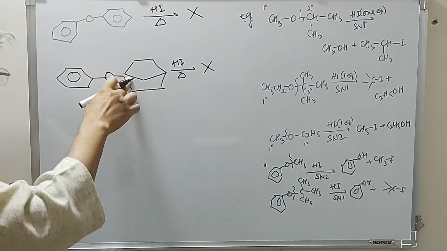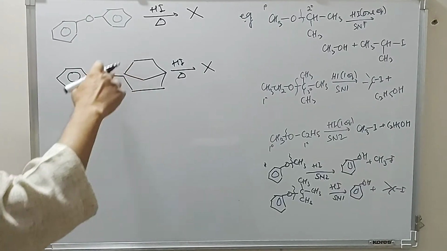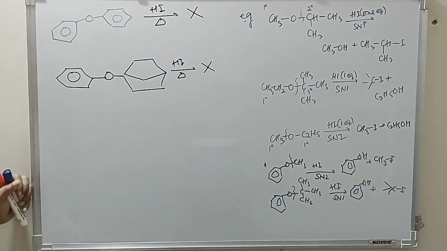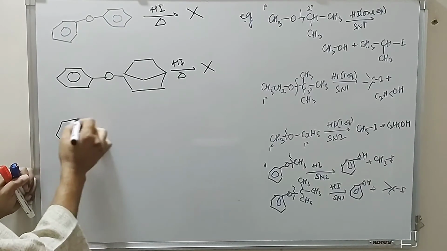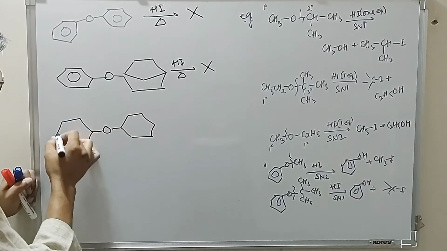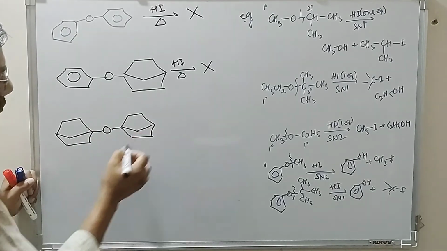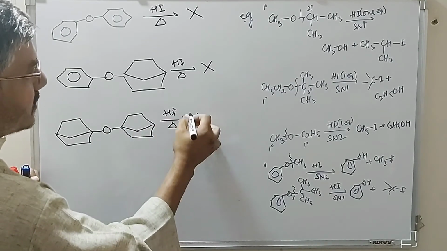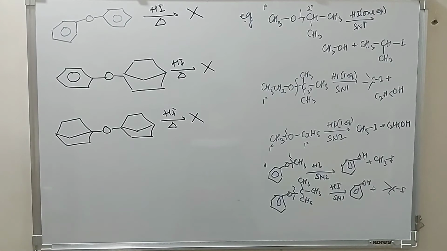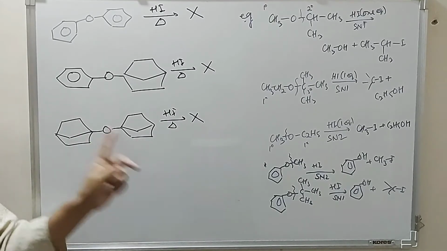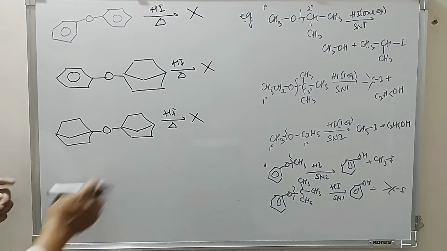A bridgehead carbon cannot assume planarity, so there is no question of formation of carbocation, so no reaction takes place here. Or if we have this type of, look at this, in which we have both, but if you look at it, this is tertiary, and if we heat with this HI, again no reaction takes place. So not every tertiary alkyl group will react, only the open chain will react. If we have a bridge carbon, then no SN1, no SN2 reaction is possible.